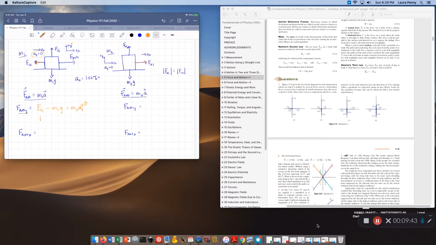And so, perhaps not surprisingly, the normal force here is just the weight of the block. I'm going to get the same thing over here: F net 2, normal 2, minus m2g equals m2 a sub y. Its a sub y is also 0. And so the normal force of the second block is also just its weight.